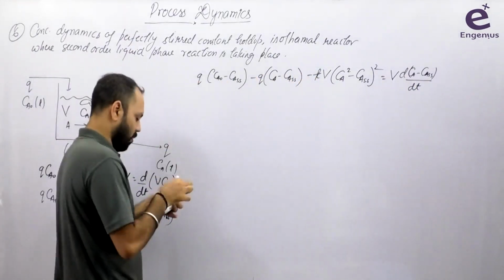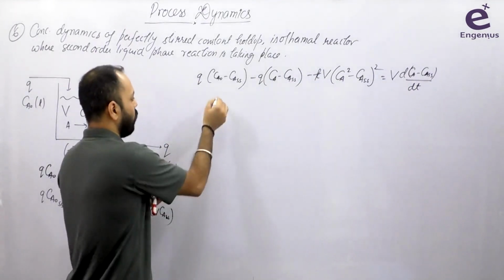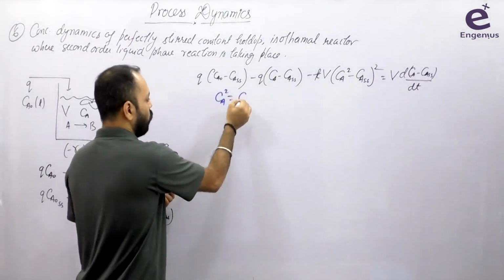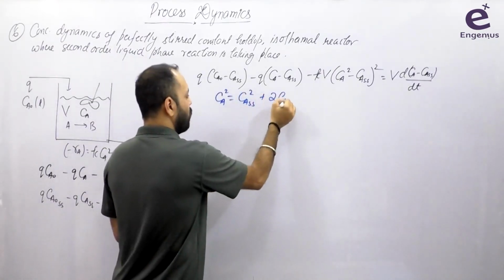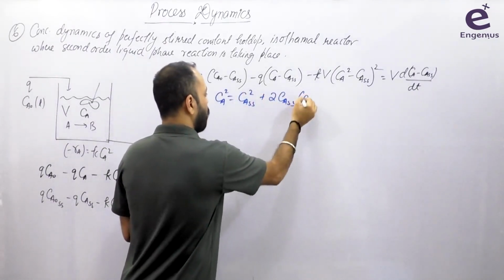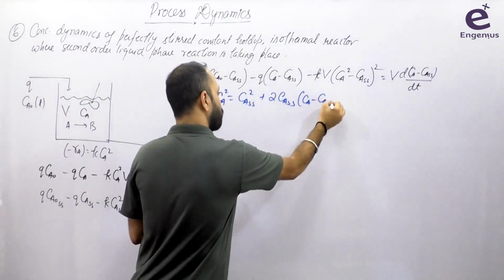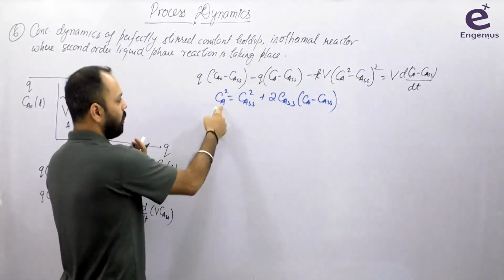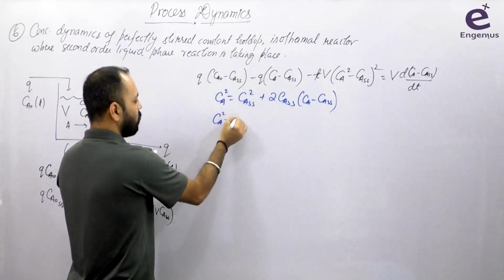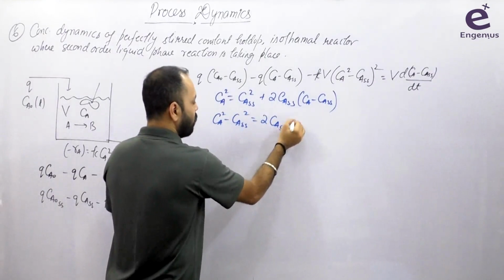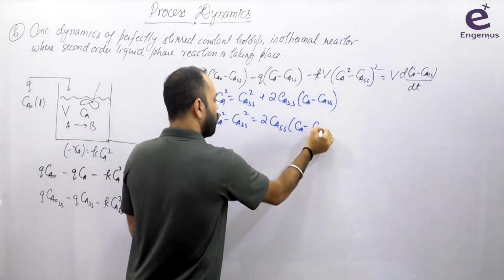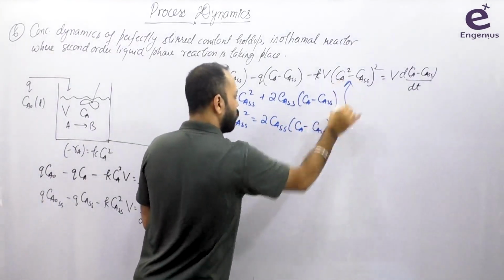The problem is present in the Ca square term. So how do we write the Ca square term? Ca square is equal to Ca SS square plus 2 Ca SS multiplied by (Ca minus Ca SS). This is how you linearize the thing, and therefore Ca square minus Ca SS square is equal to 2 Ca SS (Ca minus Ca SS). Put this value here.